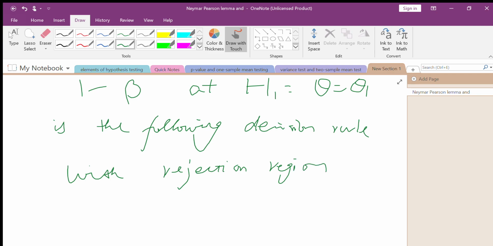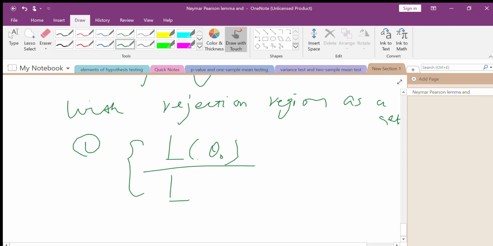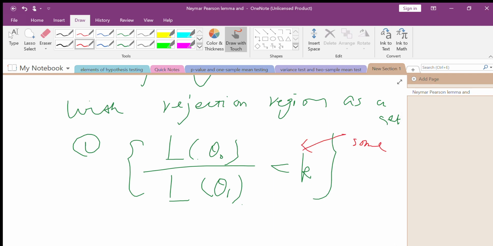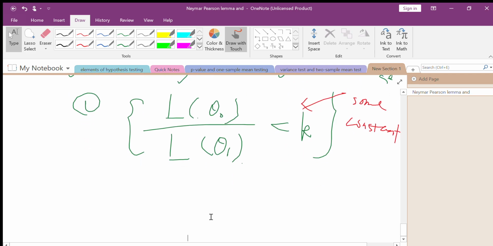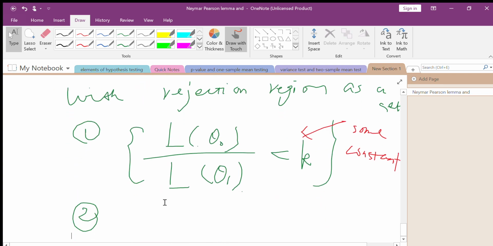The rejection region is a set: the likelihood function of theta 0 under H null, over the likelihood function of theta 1, smaller than k, some constant. The next question is what k is.